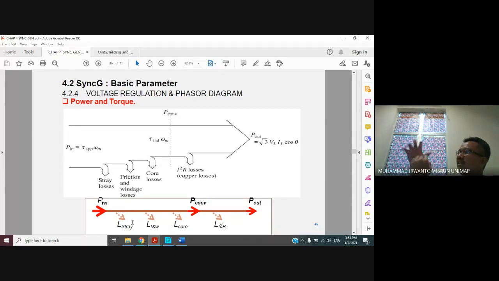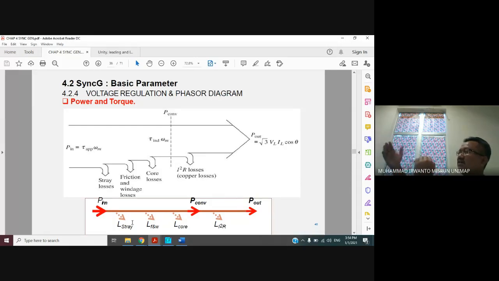Okay, and after that, when it moves, because this generator is constructed with the rotor and stator from one core, and has windings also, winding meaning made of copper, and the stator and rotor have an air gap. The rotor moves, so we have losses also. Power is given from the rotor and we want to convert it to electrical.